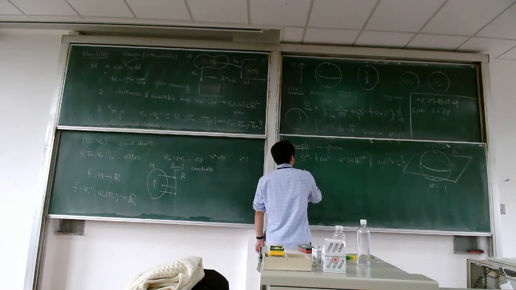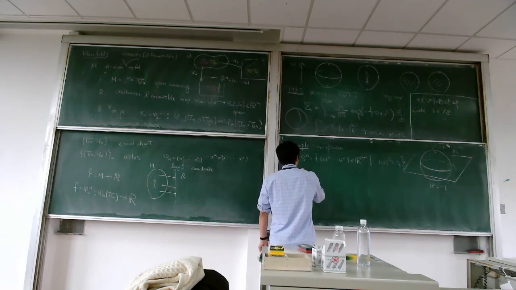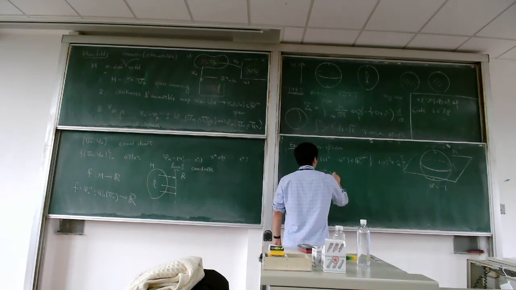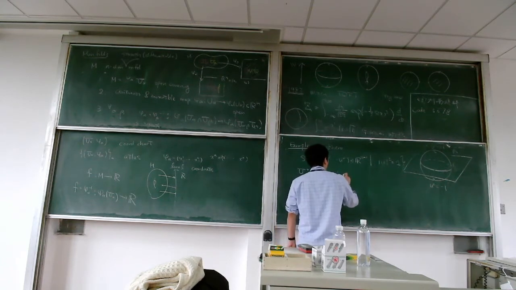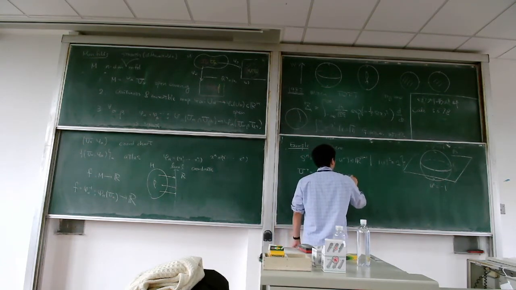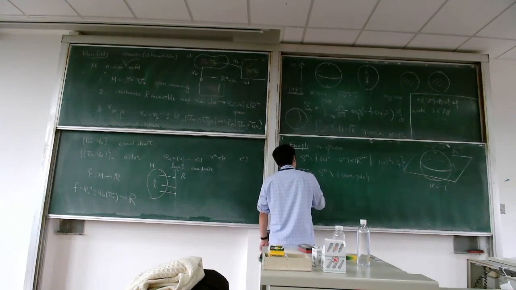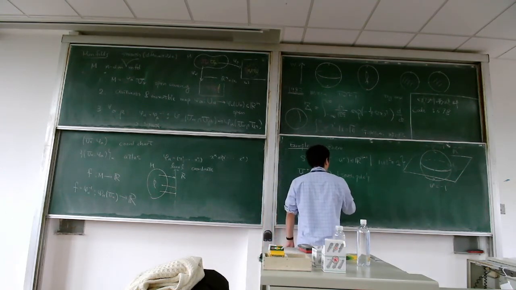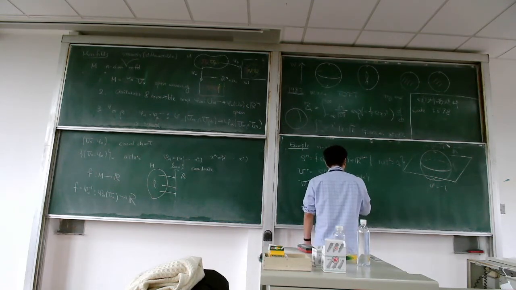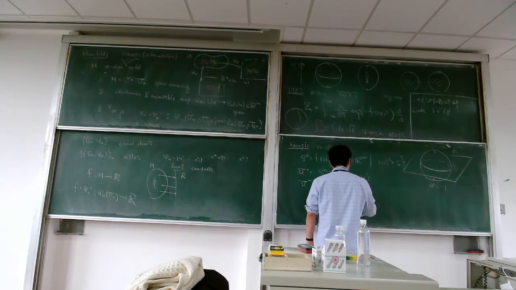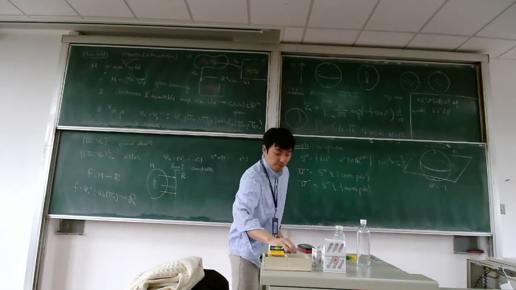Look at the open chart U plus, the sphere with the south pole removed, and U minus, the sphere with the north pole removed. So these are open sets.